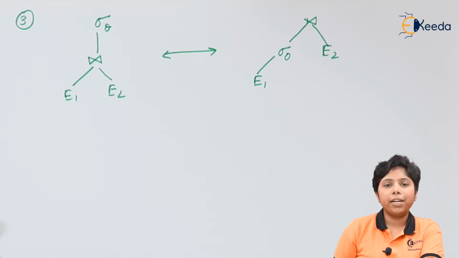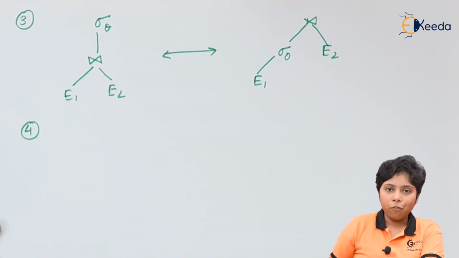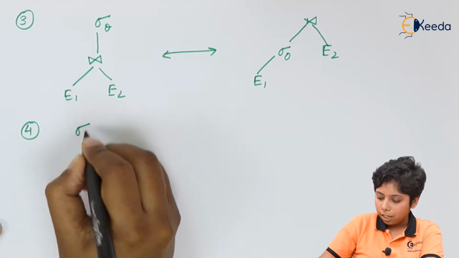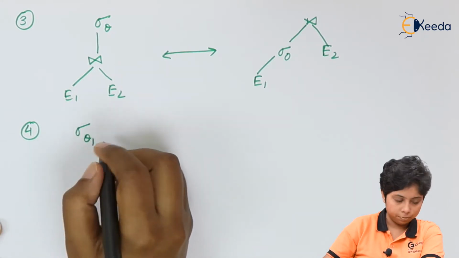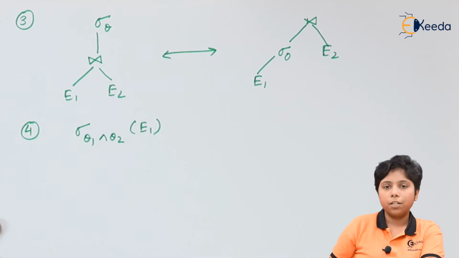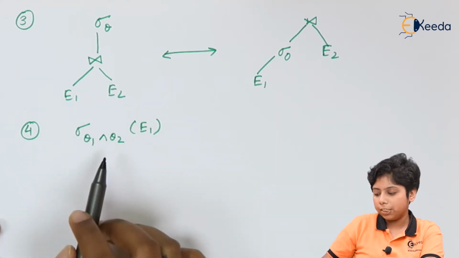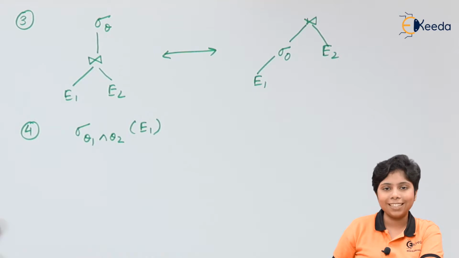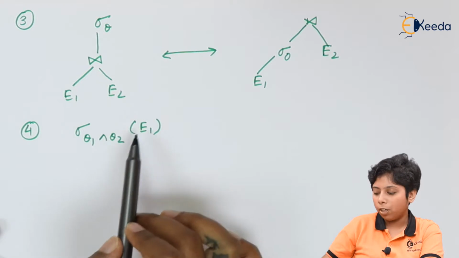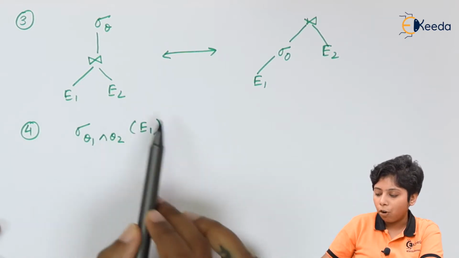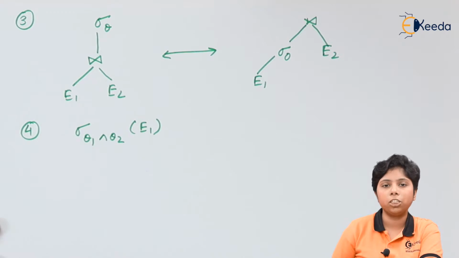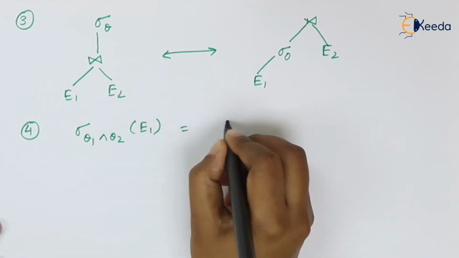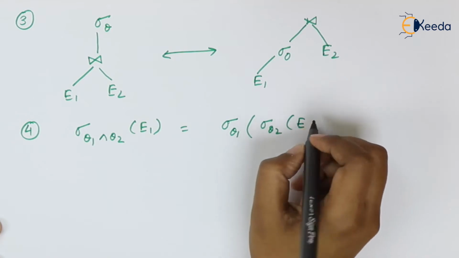Now we can denote the predicates as L1, L2, L3, while we have the join conditions theta 1, theta 2 and theta 3. If we have the selection of two conditions applied conjunctively on E1, then it is equivalent if it produces the same result as one selection on theta 1 applied to the result of the selection on theta 2 on E1.